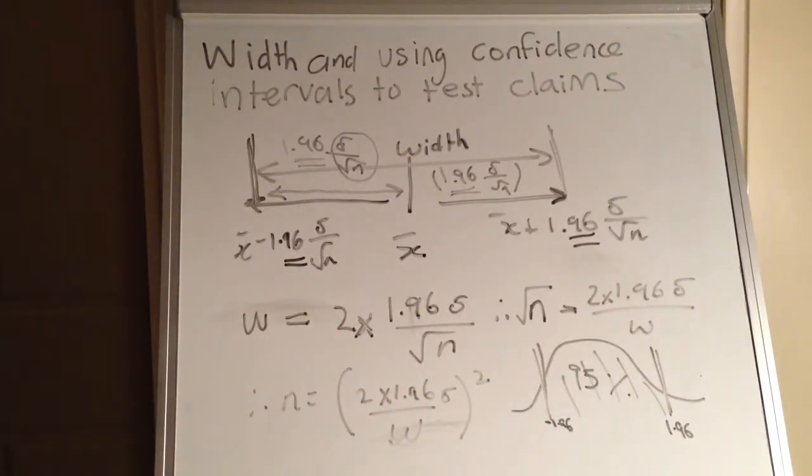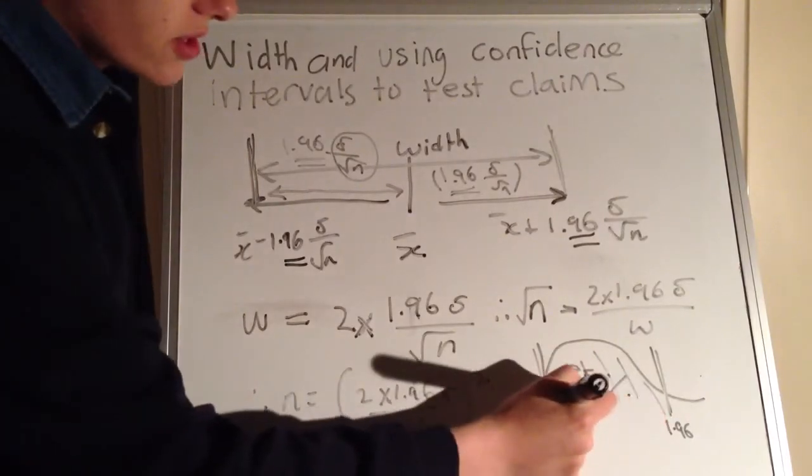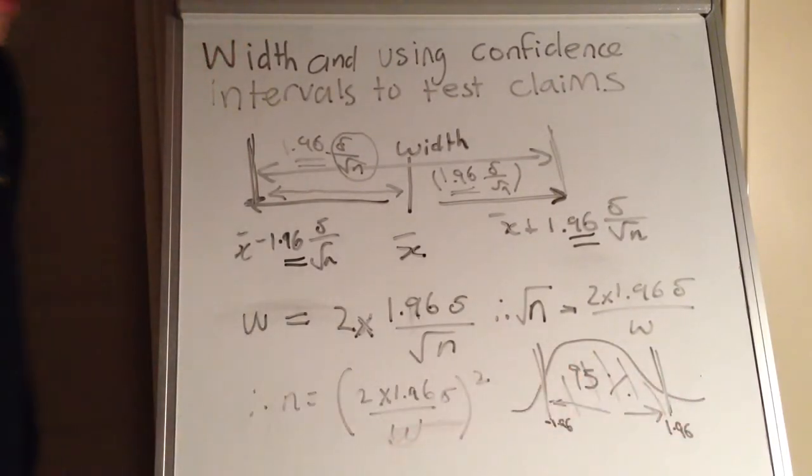You should be able to understand that now based on the z-score conceptual stuff we went over, what a z-score is, what a standard deviation is. So now I've gone ahead and thought, well hang on, I can rearrange this for a value of n, and that value of n can help me get the desired width that I want.